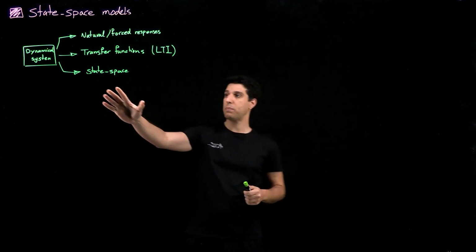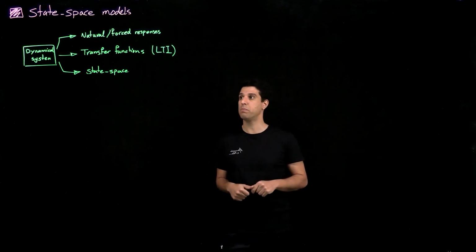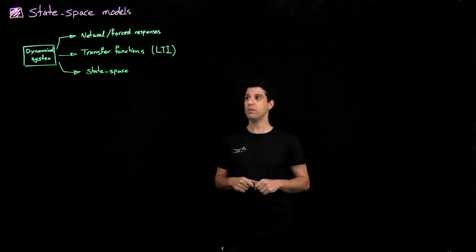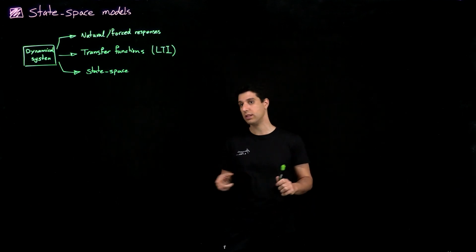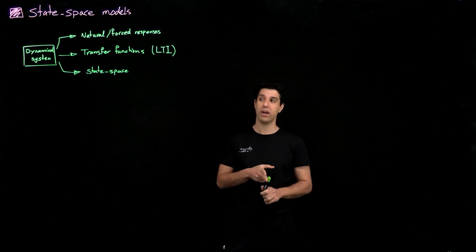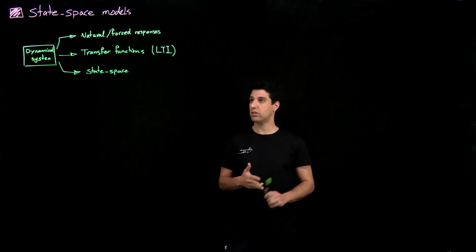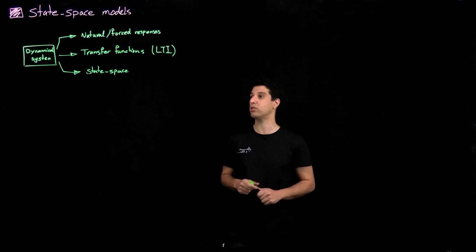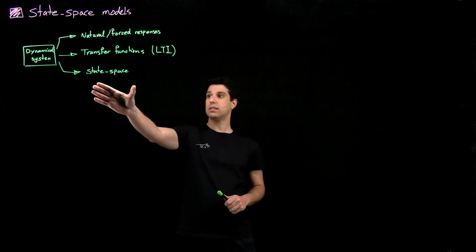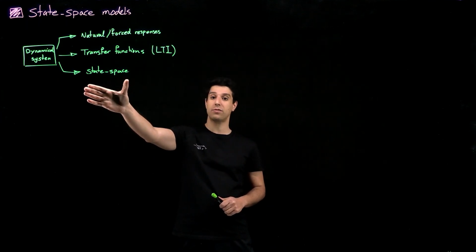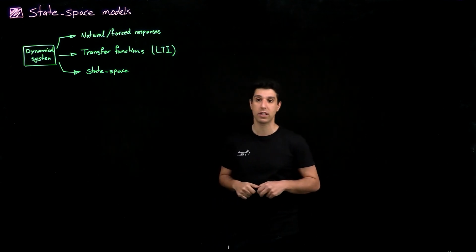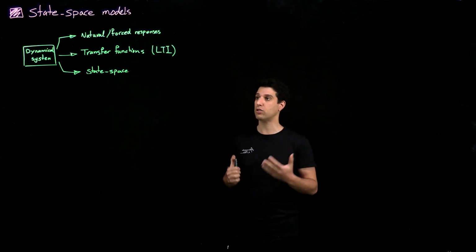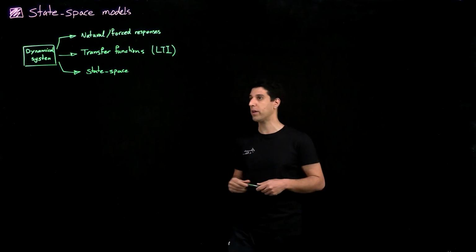The state space modeling approach is powerful because it is not restricted to linear systems, it is not restricted to time invariant systems, it is not restricted to any number of inputs and outputs. This is, at least as far as I know, one of the most powerful and general purpose ways we can start to model and analyze a dynamical system.